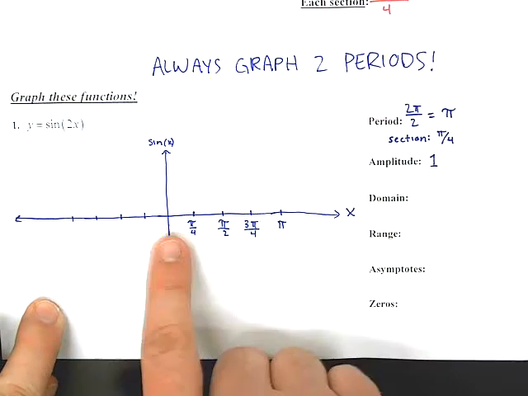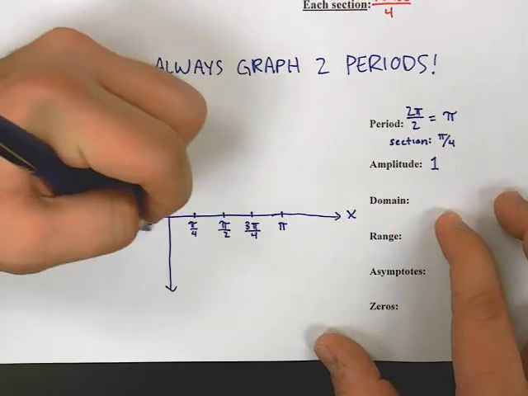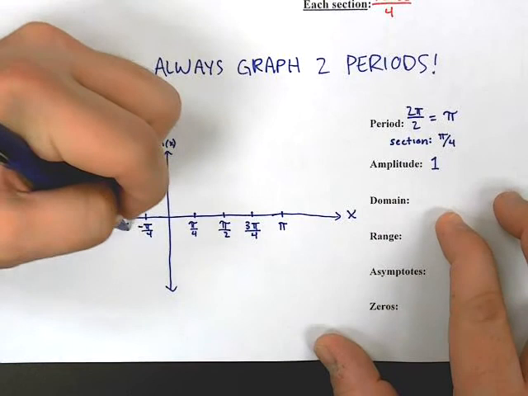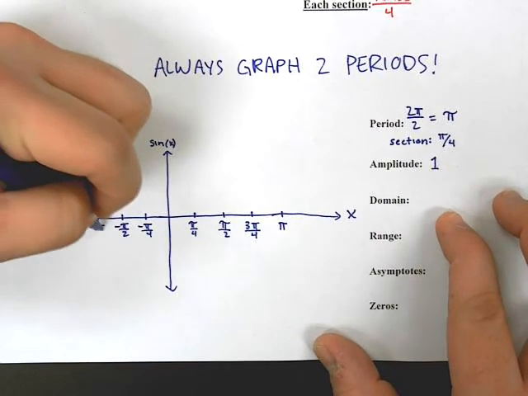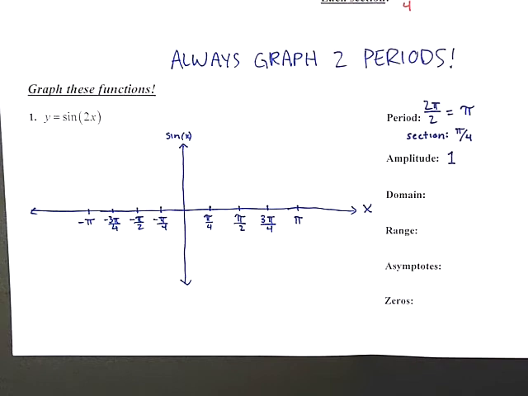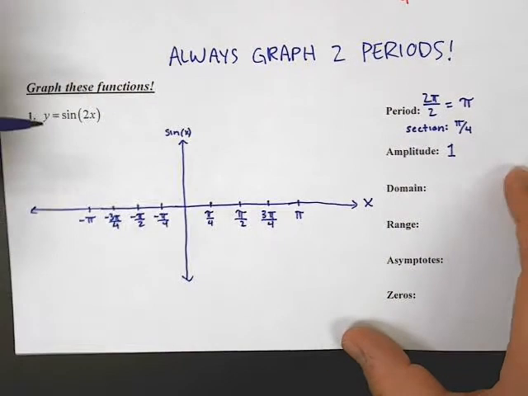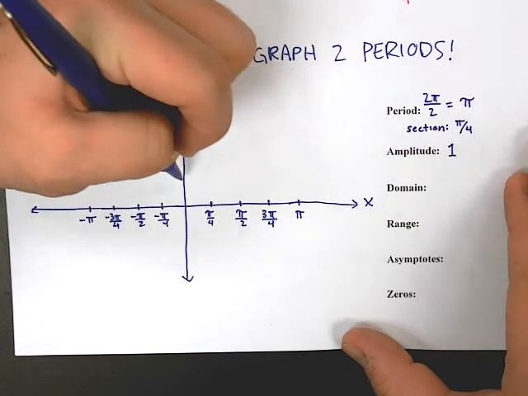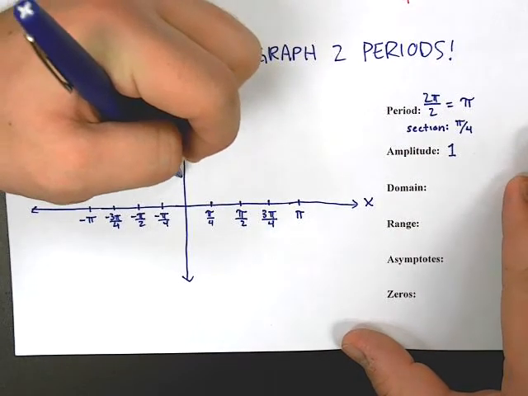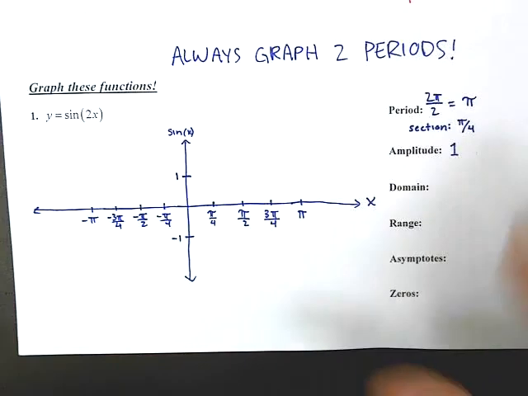It's pretty easy to go 1 to the right and 1 to the left. Well, we have to label them. So negative pi over 4, negative pi over 2, negative 3 pi over 4, and negative pi. All right, great. The next thing that I would ask you to take into consideration is the amplitude, because we know that this is just going to go up to a maximum of 1 and down to a minimum of negative 1.